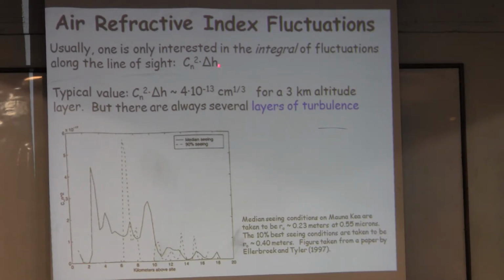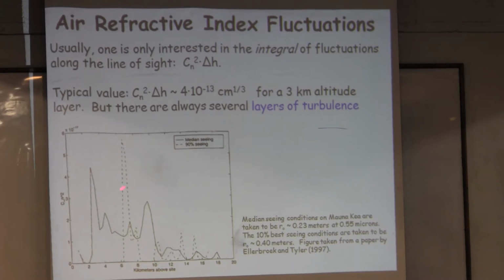But I thought it's useful to show because the measurements show how this structure function varies with height. So on the x-axis here, you see the height in kilometers above the sea. This was actually measured from Mauna Kea, which is one of the prime observatories on this planet. And here is the Cn squared profile, and here is the height above the observatory. And what you see here is that there are some heaps.